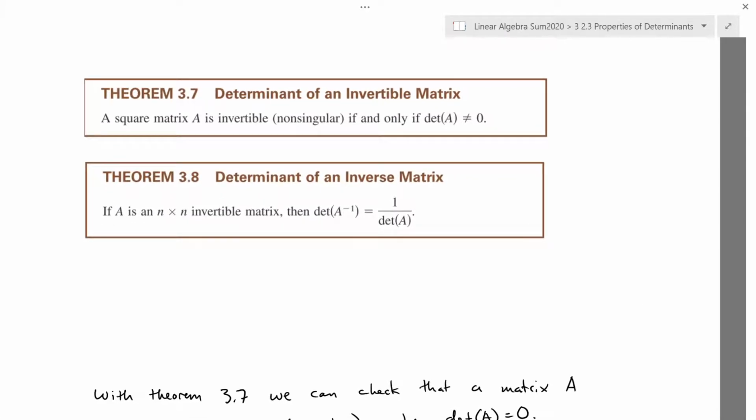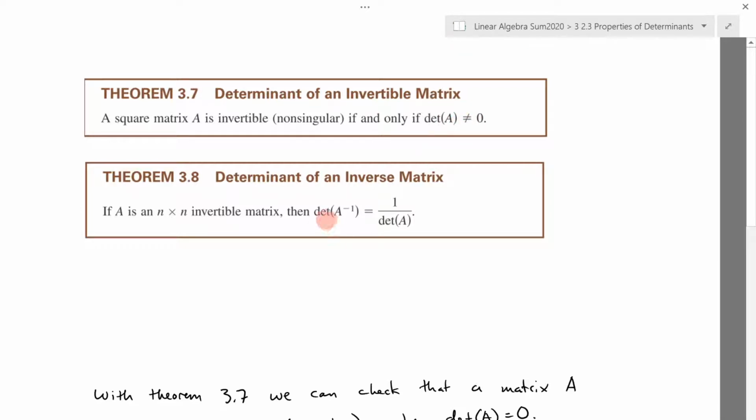Okay, so now we're going to look at how the determinant behaves with the matrix inverse. So we have two separate statements here, but essentially you can take them together. It says that a matrix A is invertible if and only if the determinant is non-zero.